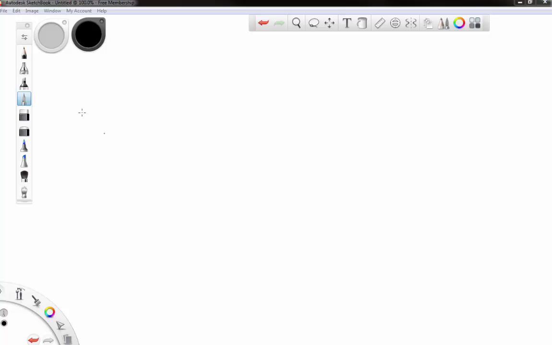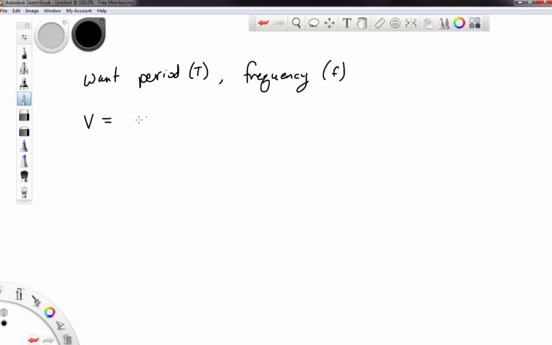So the question is, what we want is period, which is represented by T, and frequency, which is represented by f. So we have this equation that says that speed is wavelength times frequency.